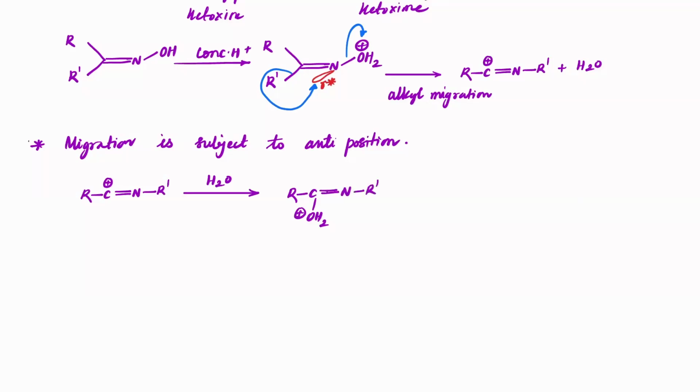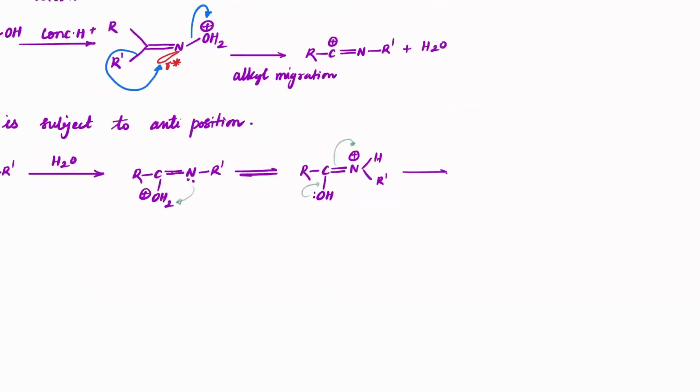The lone pair of nitrogen will be able to take this H plus and convert that into R, C, OH and double bond NH plus and R dash. And that helps in pushing the lone pair to convert into an amide bond.